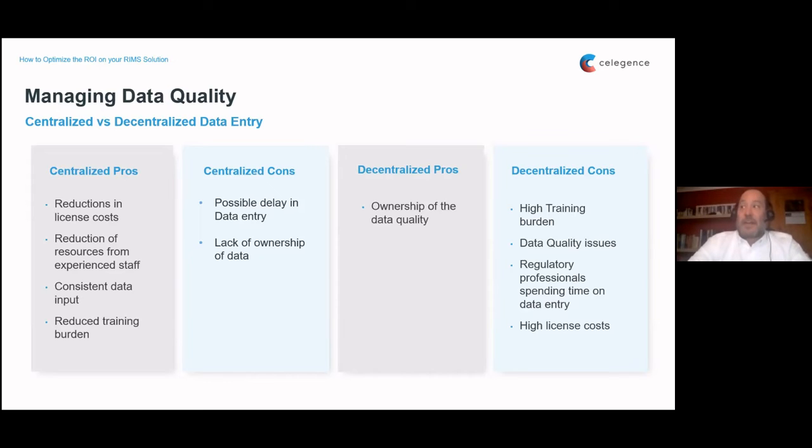You'll get those data quality issues because the regulatory executives aren't entering that data on a daily basis and therefore have to relearn the processes. Regulatory professionals are spending time on data entry, and is that really their skill set? And also you could have higher license costs.